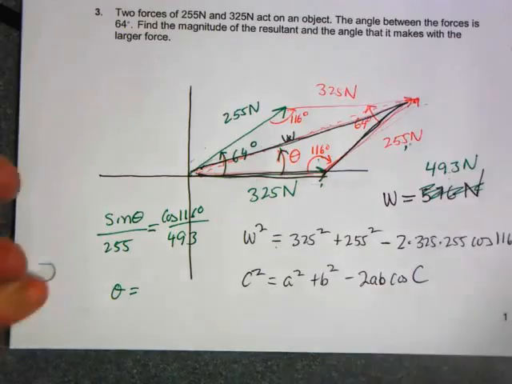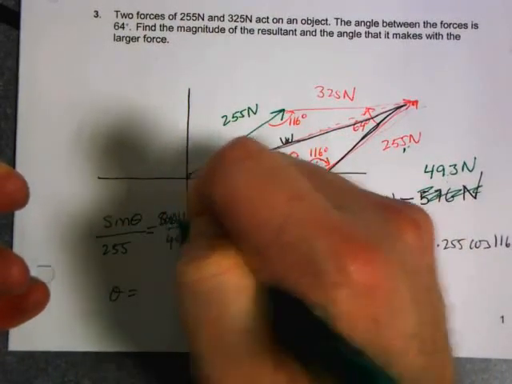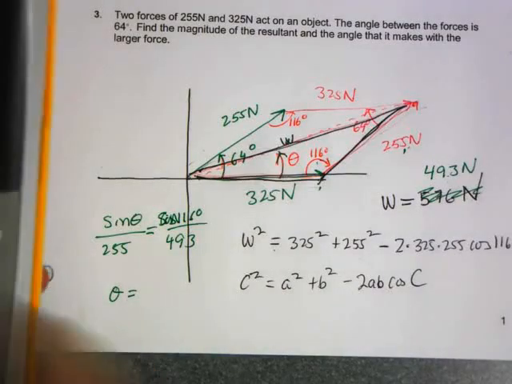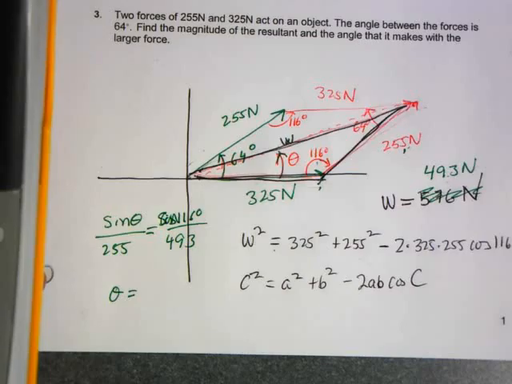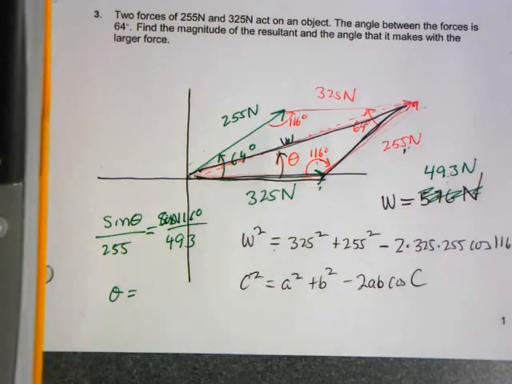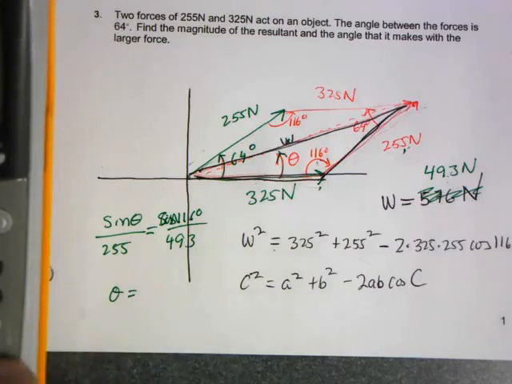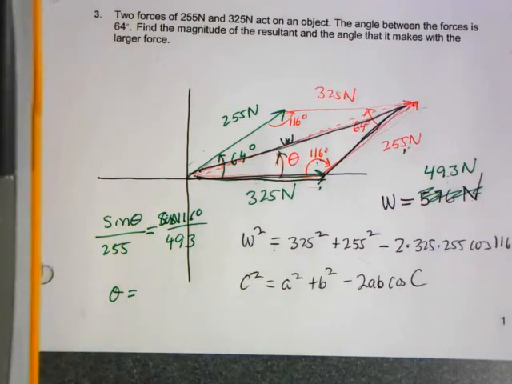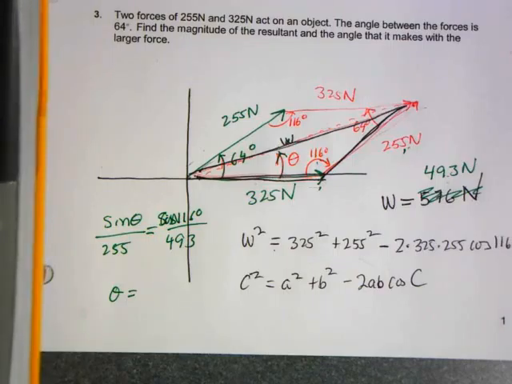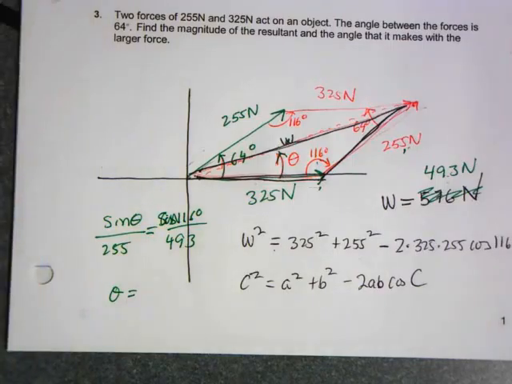Shouldn't it be sine? Okay, I was getting very concerned. I suppose if we're using the law of sines, we should use sine. Yeah, I can live with that. All right, so that's better. Then I have to divide by 493, and then I have to do the sine inverse. I get 27.7 degrees.